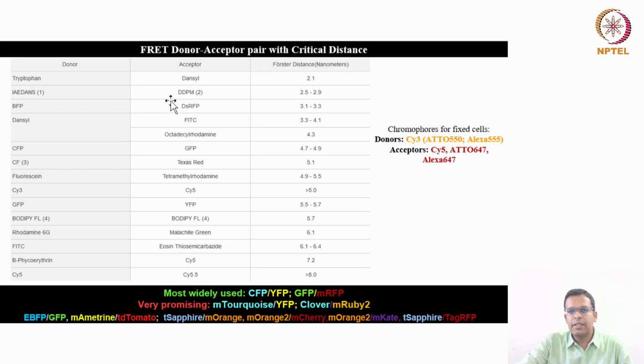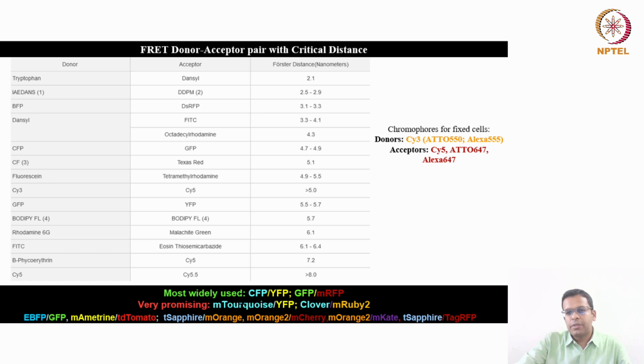So here you see the list of donor and acceptor, which are basically two fluorescent proteins used in the FRET analysis, and here their Foster distance is mentioned. If your two molecules are within this proximity, then only they will give the FRET signal.